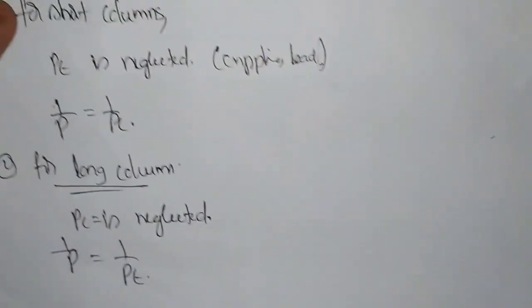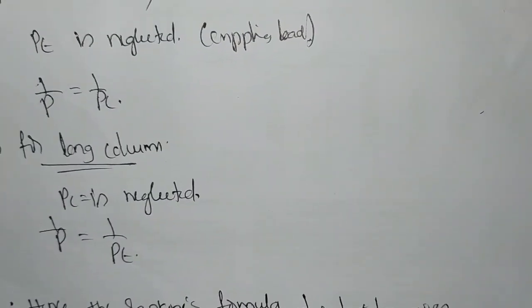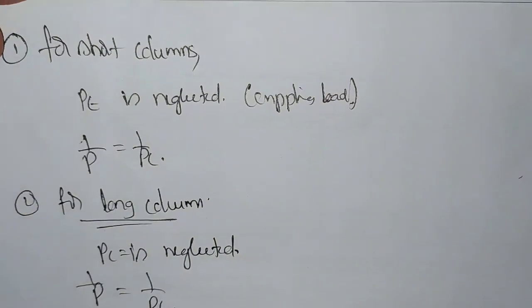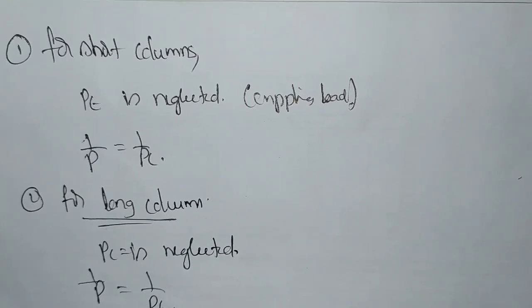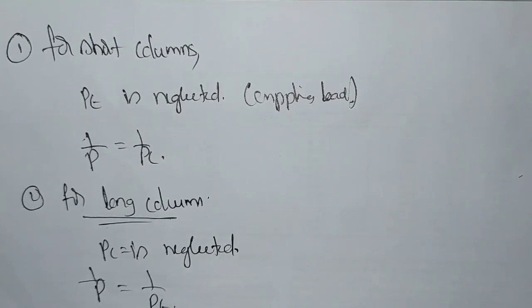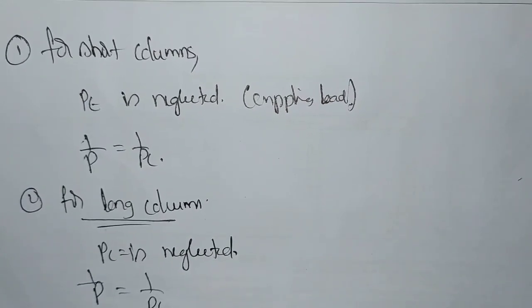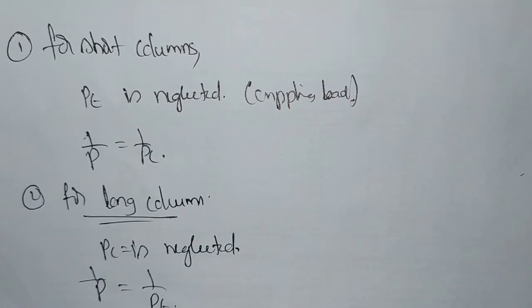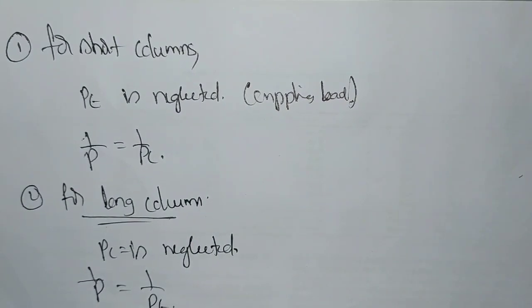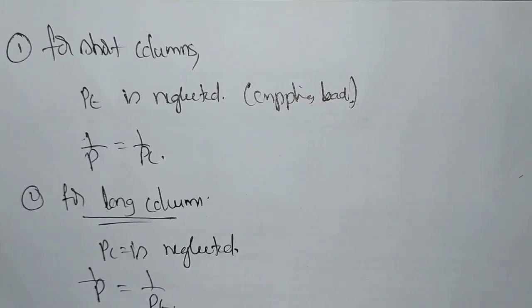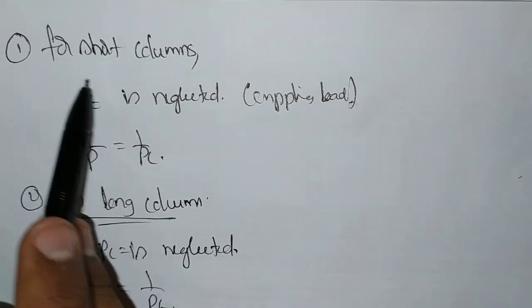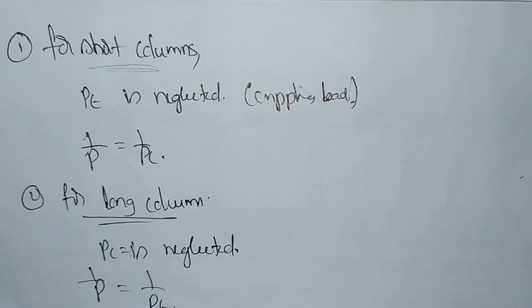These conditions we saw at the start of unit 3, based on slenderness ratio, buckling effect and crushing strength. We made a table for short, long and intermediate columns showing how the buckling effect and crushing load differ.